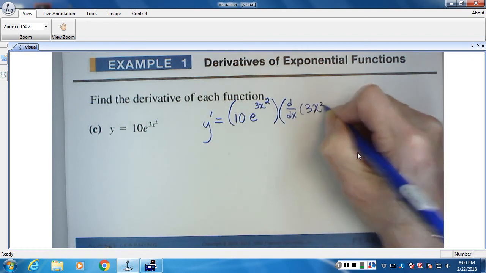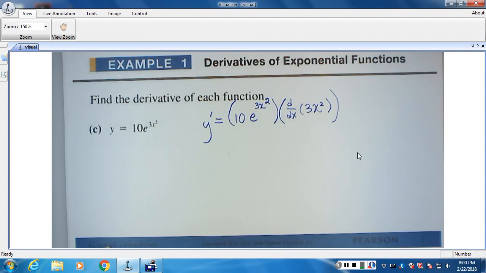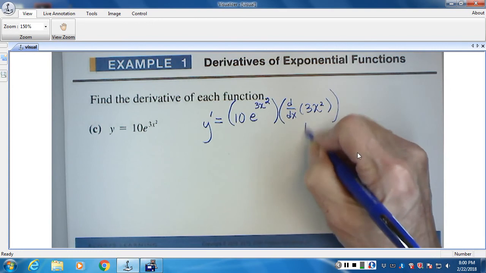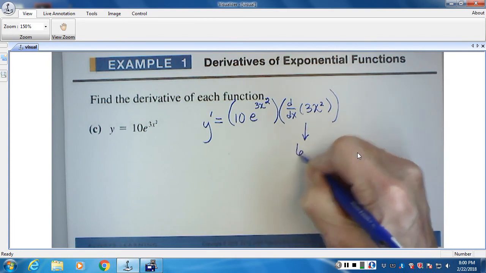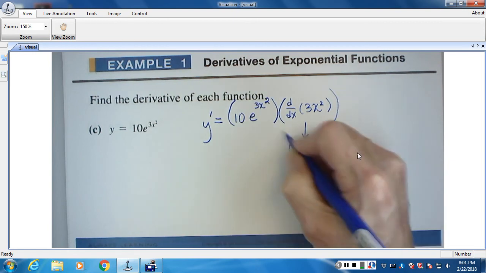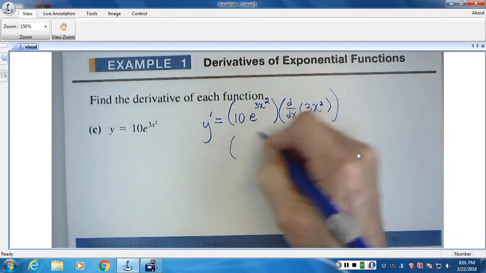I'm going to make it explicit what I'm doing. That's not a step you would have to write out, but I'm trying to make it explicit where the next step comes from. The derivative of 3x squared is what? 2 times 3 is 6, x to the first, so it's 6x. This drops down without changing.